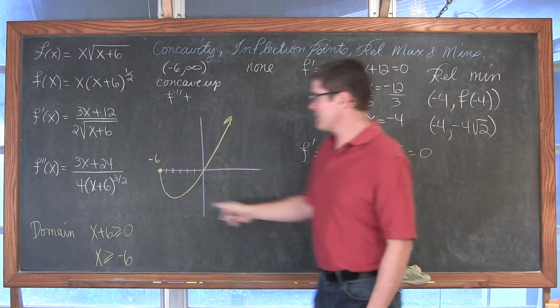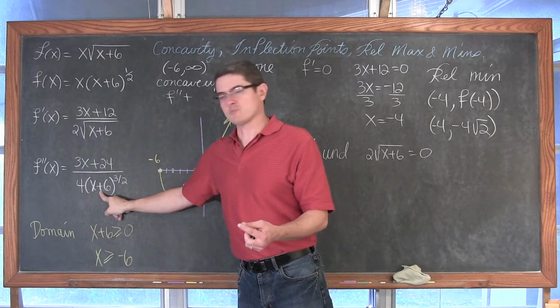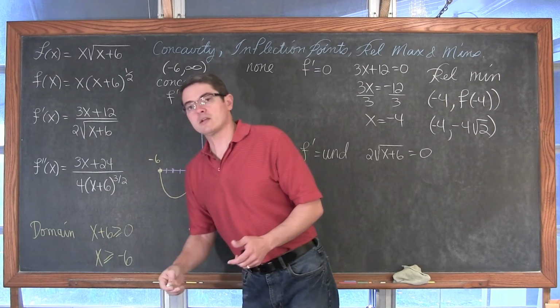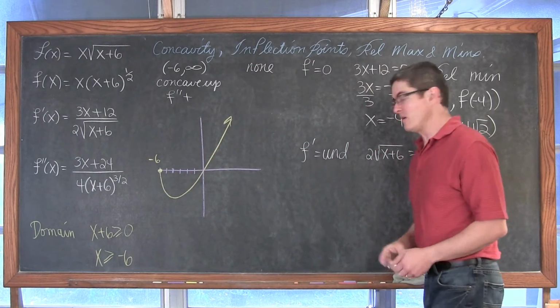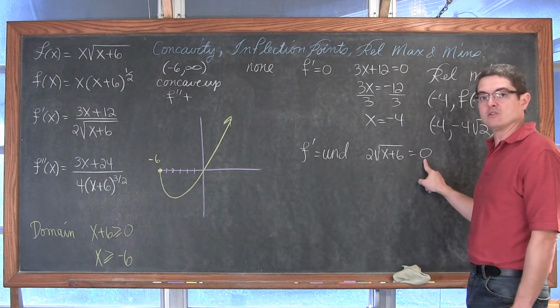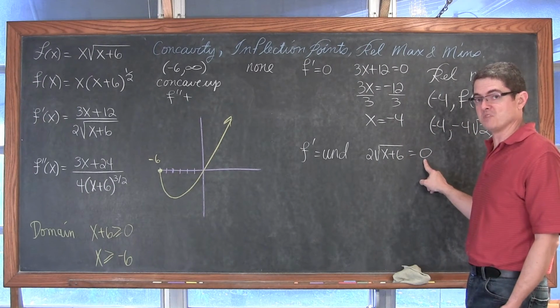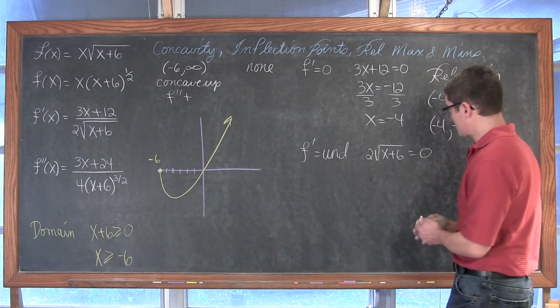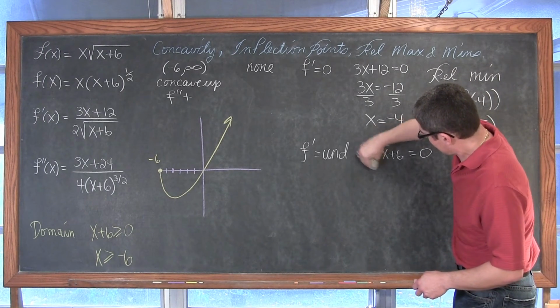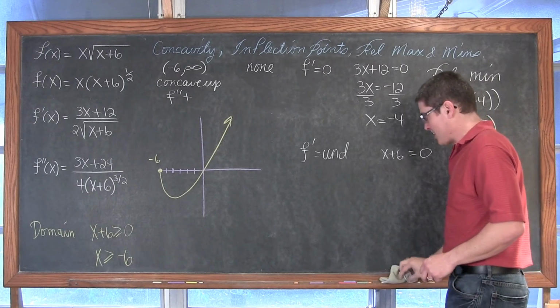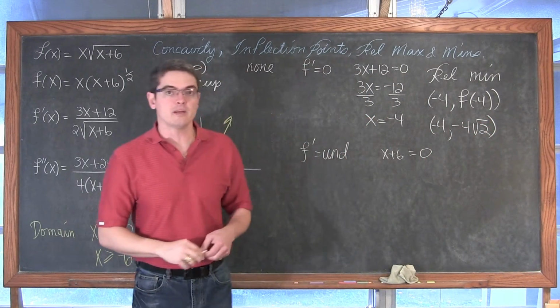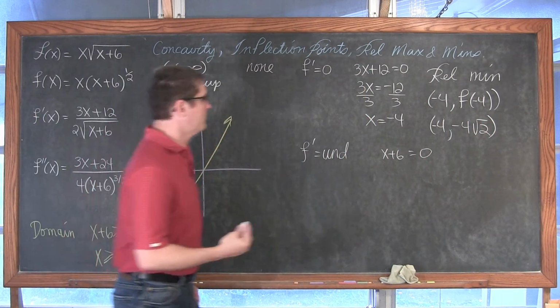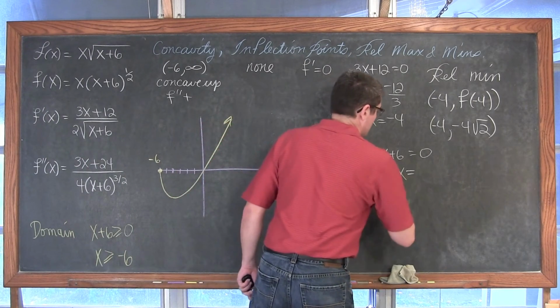Or you might have noticed, like this previous one, I just focused on the expression that was inside the radical, if you will, that's going to make the denominator equal to 0, because we're going to divide both sides by 2, which is going to be 0 divided by 2 is 0. Then we're going to have to square both sides, but when you square 0, you still get 0. So I could still just focus on that x plus 6, that algebraic expression with the variable in the denominator that's going to possibly make it equal to 0, and that is x is equal to -6.